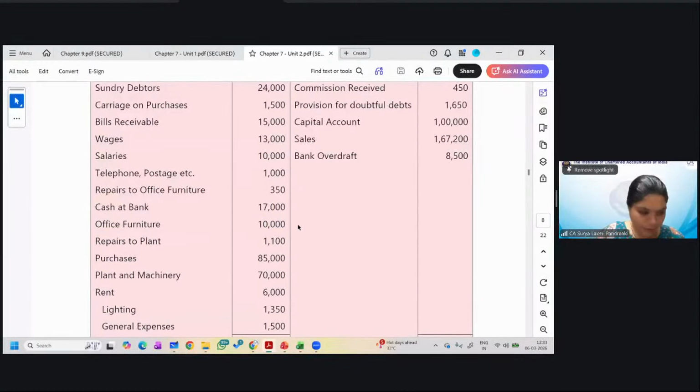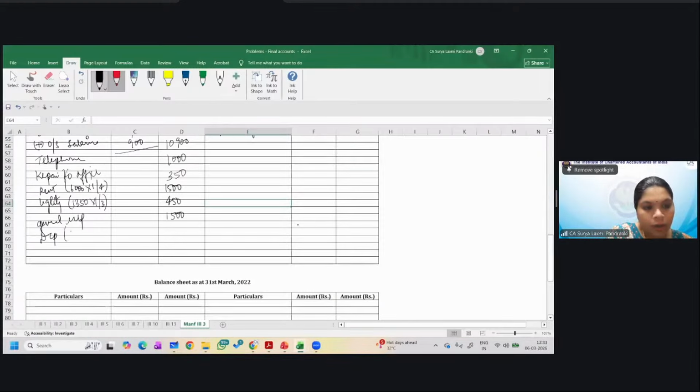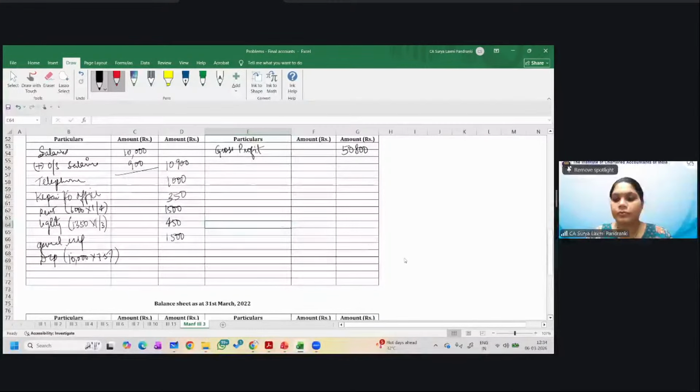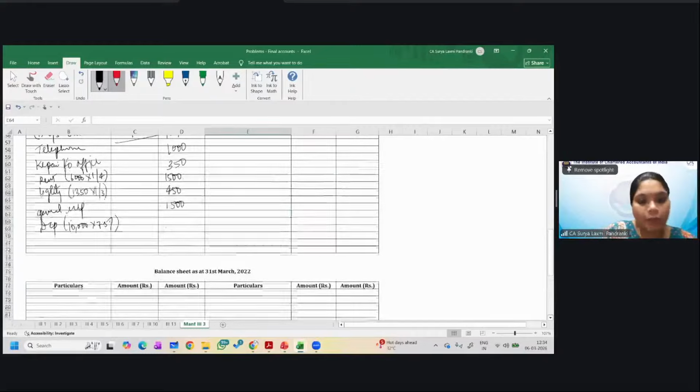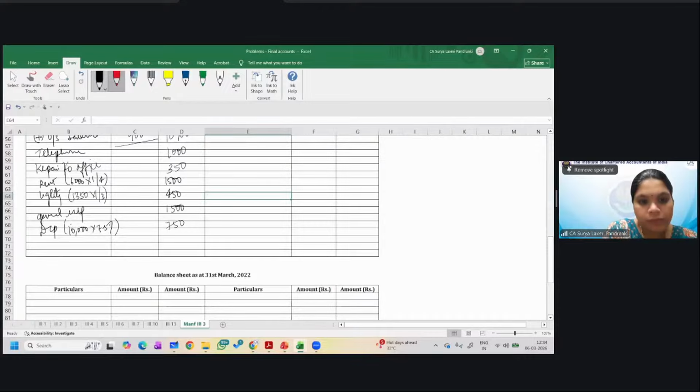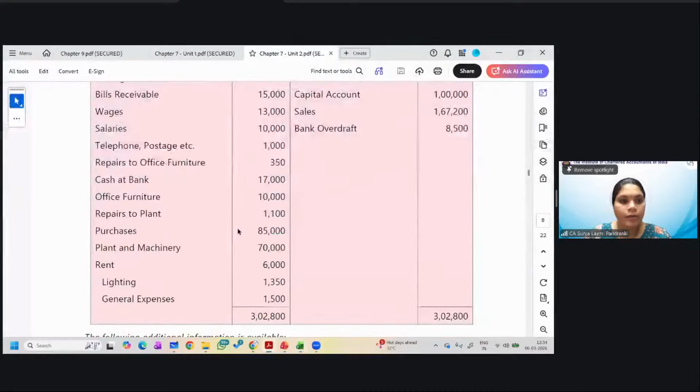So calculate the depreciation. 10,000 into 7.5%. How much is the depreciation? 750. Okay. This is also done. Rest all are taken up.